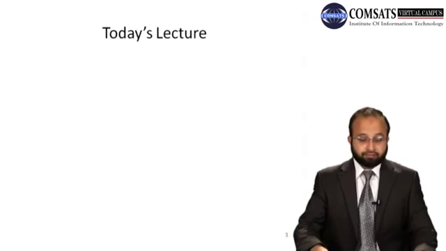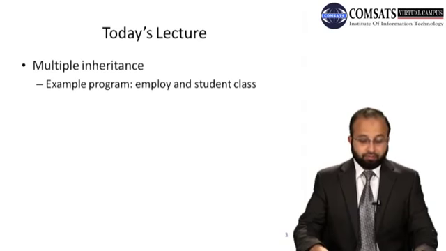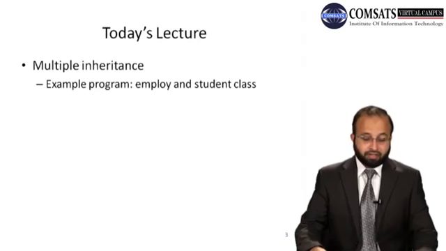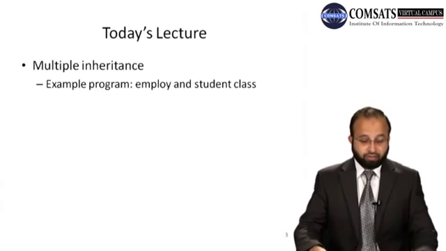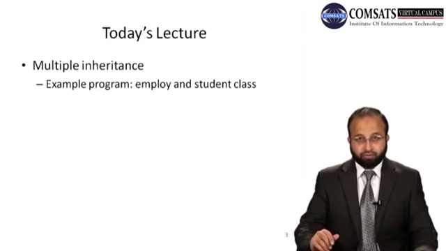In today's lecture, we will see multiple inheritance. We will see the example program, the employee and student classes. In the last lecture we started this topic, so in this lecture we will complete it with the example program of the employee and student classes. You know the employee program very well: we created a base class employee, and then we derived three more classes from it, named manager, scientist and laborer, right?